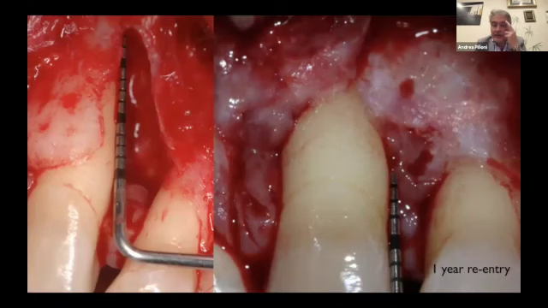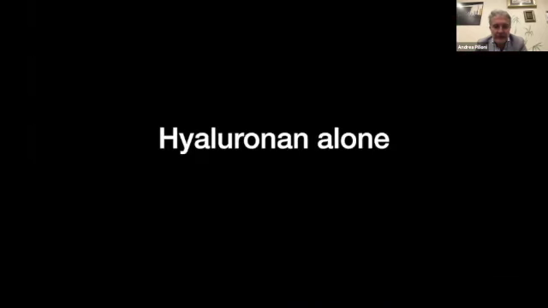Before and after a 1 year re-entry, that was done because of the need of covering the root. So I get the chance to visualize what happened at 1 year.